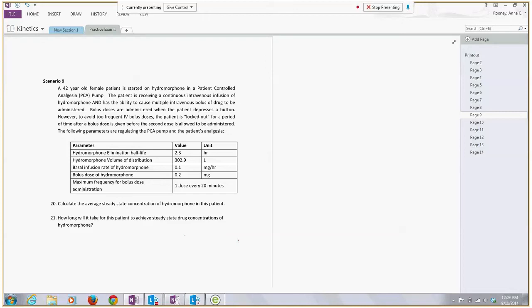However, to avoid too frequent IV bolus doses, the patient is locked out for a period of time after a bolus dose is given before the second dose is allowed to be administered, because sometimes our patients like to get high, or they're just in pain, but they might overdose themselves because the first IV bolus dose that they pressed for hasn't caught up with their whole system.